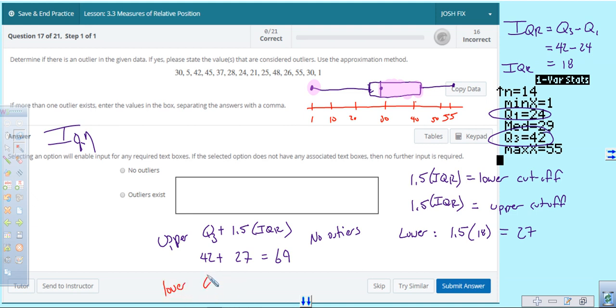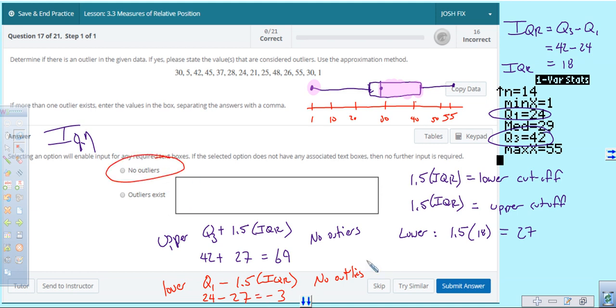On the lower end, we do Q1 minus 1.5 times the interquartile range. So Q1 is 24 minus my 27, and that's equal to negative 3. Obviously we don't have a negative 3, so there are no outliers there either. So in this case, our solution would be no outliers.